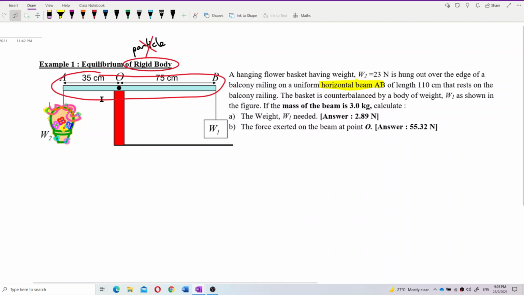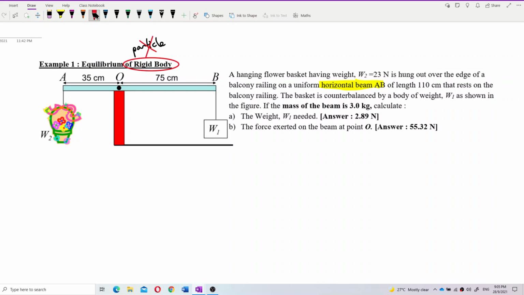Understand or not? So we just draw the forces on the beam. We don't draw the force on the basket. We don't draw the forces on the weight 1. Remember, our focus is just the beam, because we are talking about the equilibrium of the beam AB.